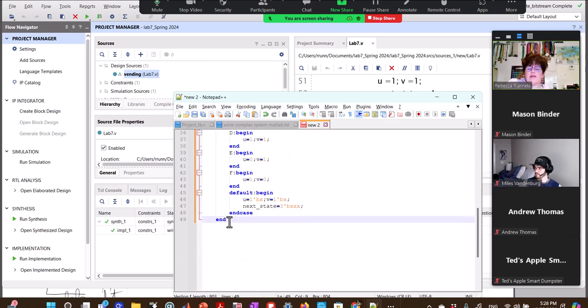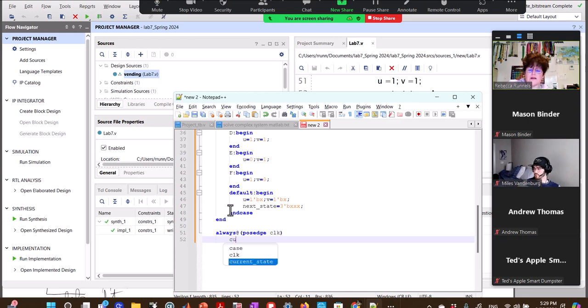Okay, and then you'll have another always block, and this one will be at the positive edge of the clock. And the only thing you're doing here is you are saying the current state is going to change to what you've been calculating the next state to be.